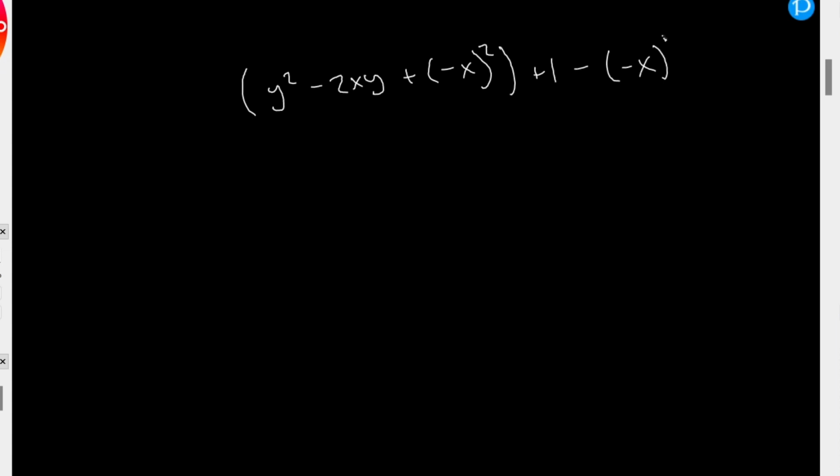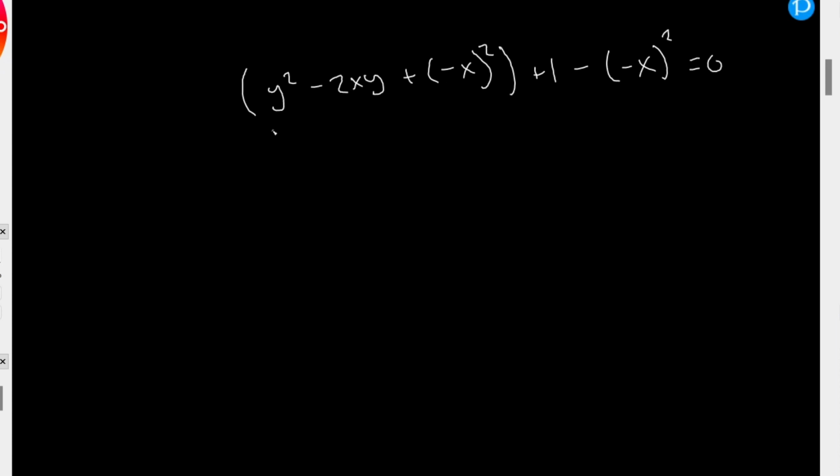The first step, for those familiar with the completing the square method, is to take half of the middle part and square it, and add it and subtract it to both sides of the equation. So y minus x squared, then we subtract x squared from this side and set it equal to 0.